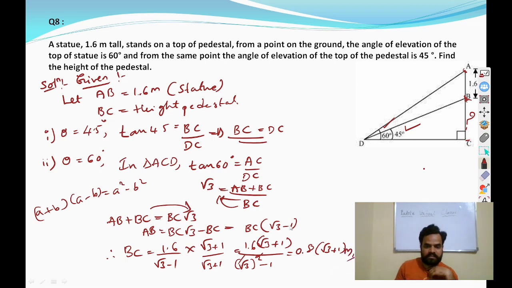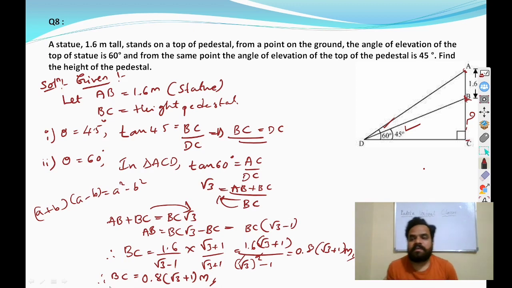Therefore, BC equals 0.8 into root 3 plus 1 meter. This is the answer. What conclusion will we write? BC is the height of the pedestal. Therefore, the height of the pedestal is 0.8 into root 3 plus 1 meter. Am I clear? So we can go for the next problem.